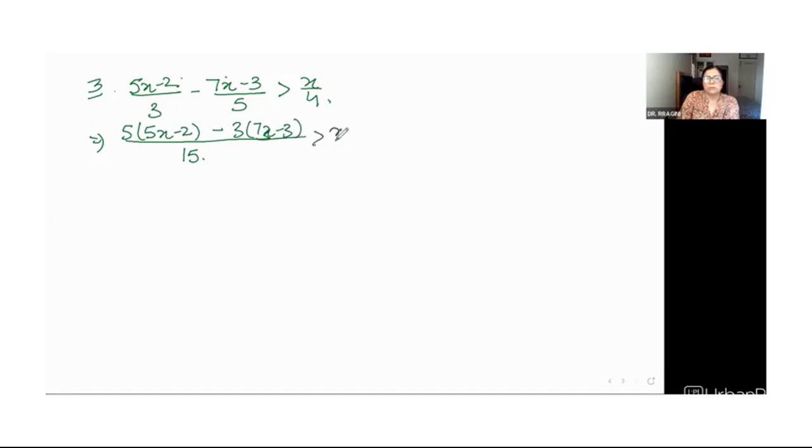Right. Now open this. 5 times 5 is 25x minus 10. Negative 21x plus 9 divided by 15.